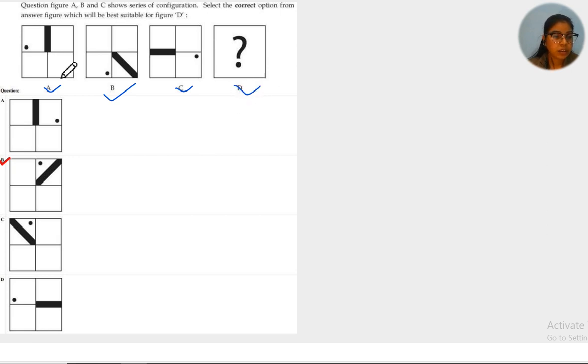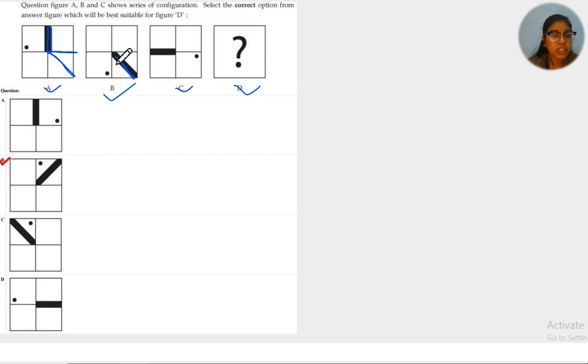As you can see, now let's find out what is the basic series between these three images. As you can see, this black rectangular strip, what is happening? First it is rotated by 90 degrees and then by 45 degrees.